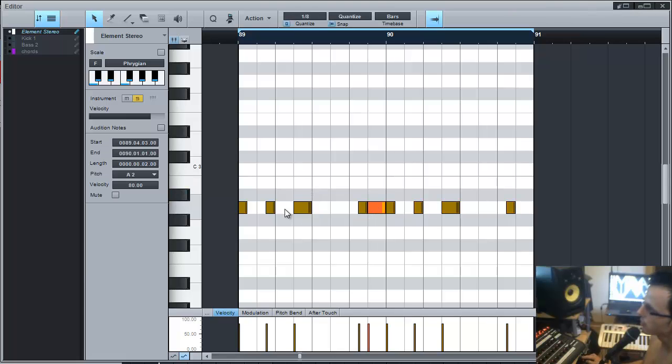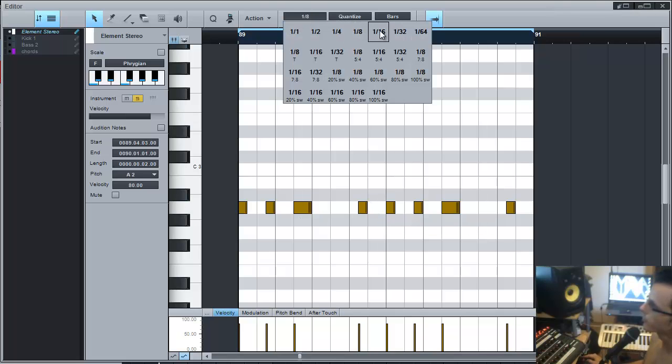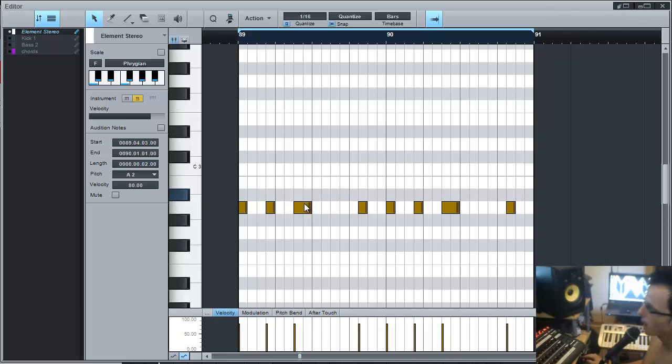You see, 1, 2, 3. And I've got one more interval, which is a whole tone and a 16th note. So that's in my question.